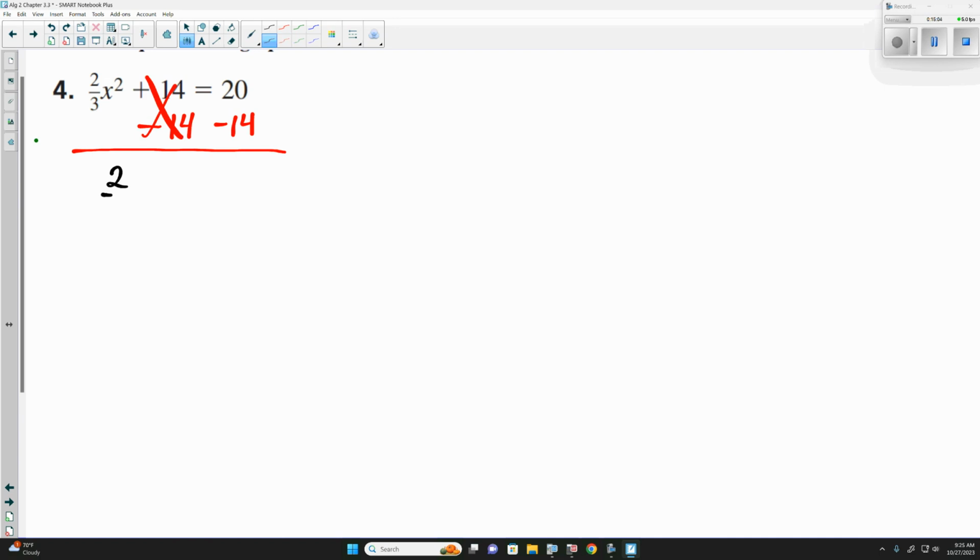telling us that 2/3 x squared is equal to, because 20 minus 14 is 6. And we would divide by 2/3. Yes.